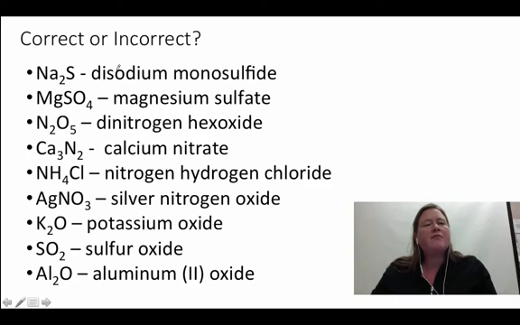Now remember that prefixes can only be used if the first element is a nonmetal and the second element is a nonmetal. So this one would be incorrect. There are 2 sodiums for sure, and there is only 1 sulfur. But since the sodium is a metal, that just becomes sodium sulfide.